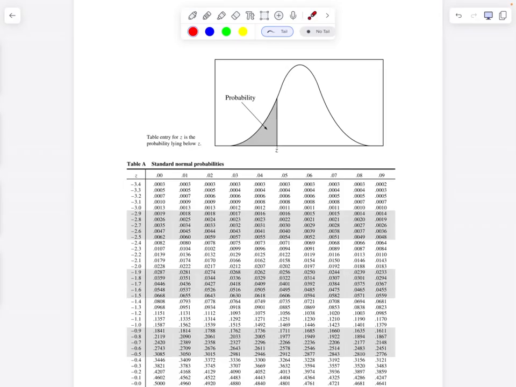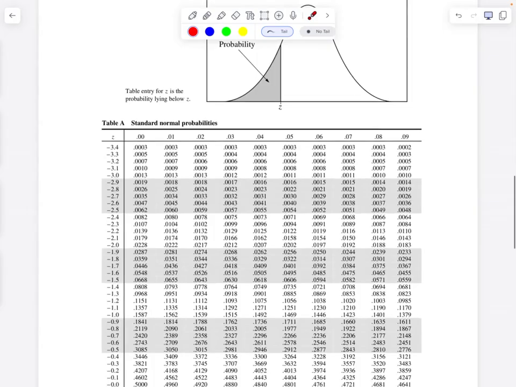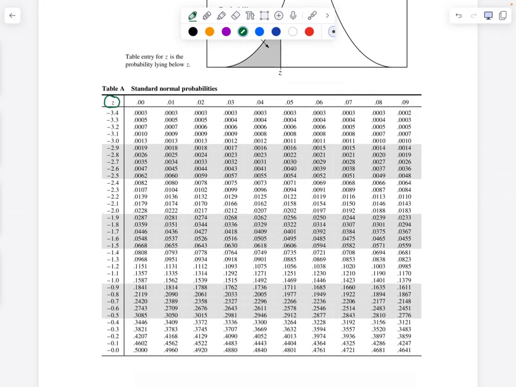So for example, if I had a z-score equal to negative 1.35, what are the first two numbers? 1.3. Negative 1.3. So my first numbers are negative 1.3.